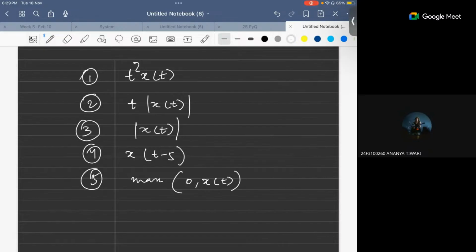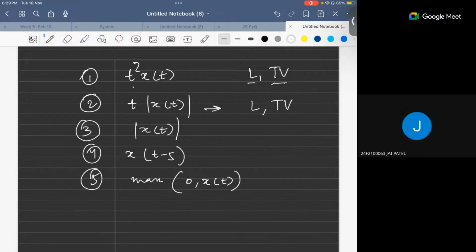First one: linear and time variant. Linear and time variant, correct. Linear because t doesn't make any impact and x of t is x of t. Time variant because you can see t apart from x of t. What about the second one? Same, linear, time variant. And third one, linear and time invariant.